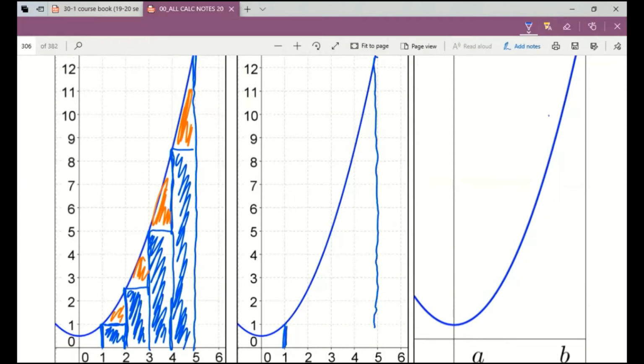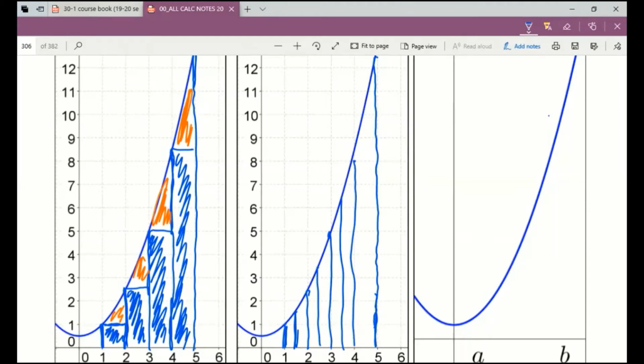So if we're going to break this into 8 rectangles, we're going to look at f at 1.5, and f at 2, and f at 2.5, f at 3. We're going to break it into narrower rectangles, and they're going to look like this.